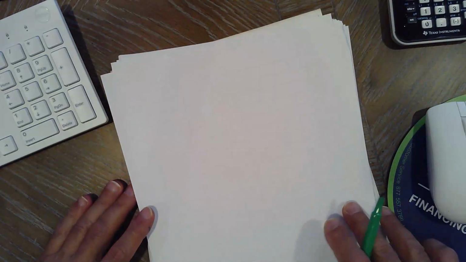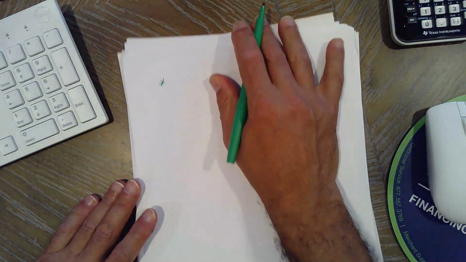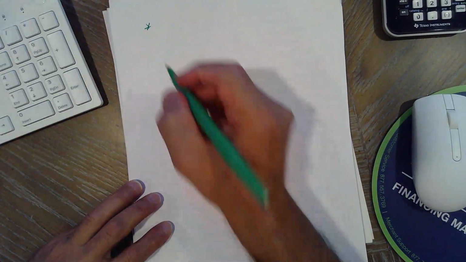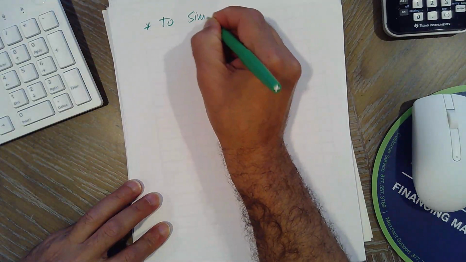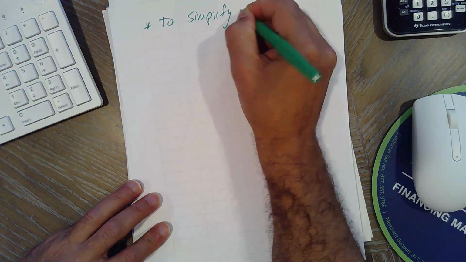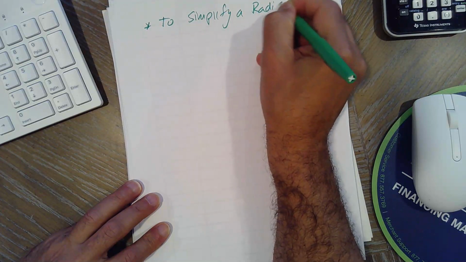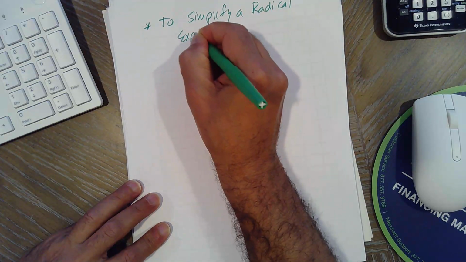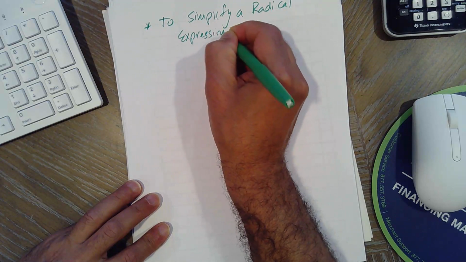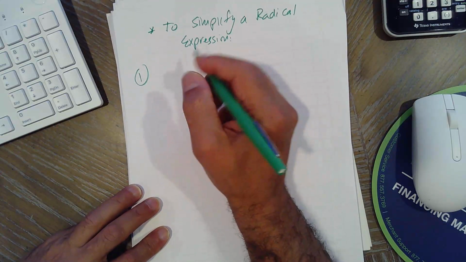Okay, so now when we say simplifying a radical expression, we're going through the steps for that. To simplify a radical expression, many things have to be done. The first thing we have to look for is the following.